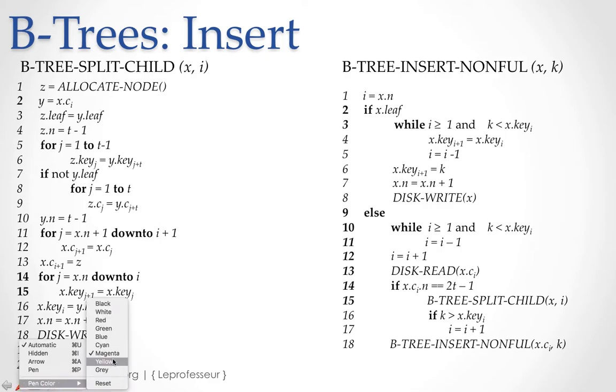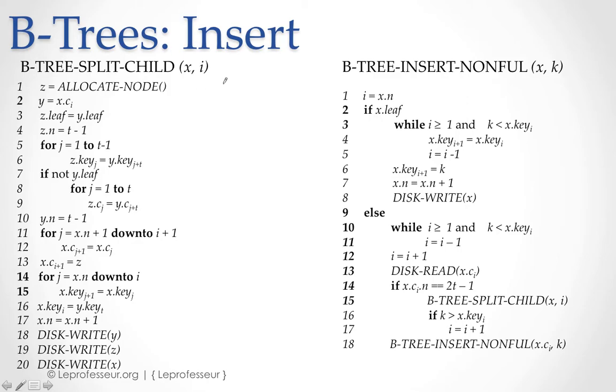All right, now let's talk about the split child procedure first. It takes a node x and an index i such that x's child x.c_i is full.